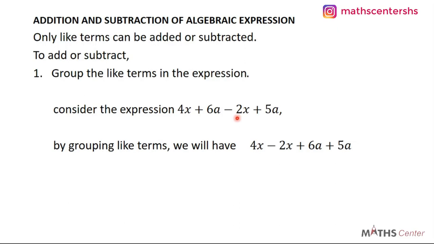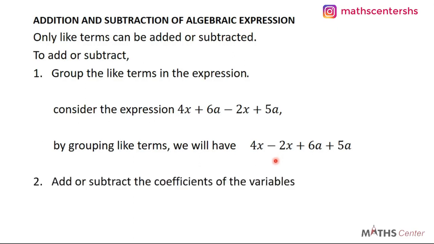As we saw from the previous video, 4x and minus 2x are like terms, so we group them together. Then 6a and 5a are also like terms, so we group them together. This is what we mean by grouping like terms. You bring the terms that are like together.